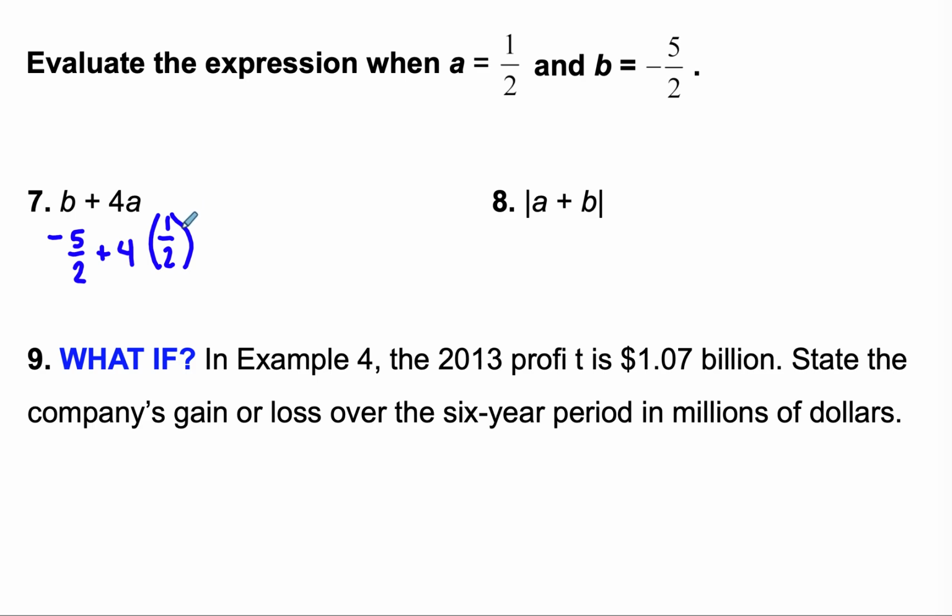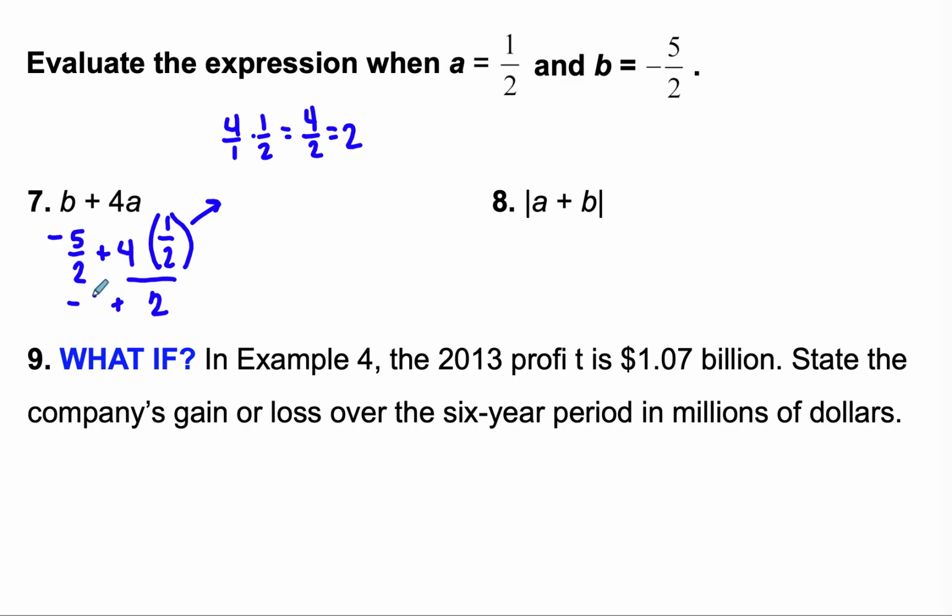Adding 1/2 4 times. That's going to be 2. 1/2 of 4 is 2. I'm going to write that work out over here. Here's what I did. I multiplied 4 and 1/2, and I got 4 over 2, which equals 2. So that's kind of the work for that part. 4 times 1/2 is 2.